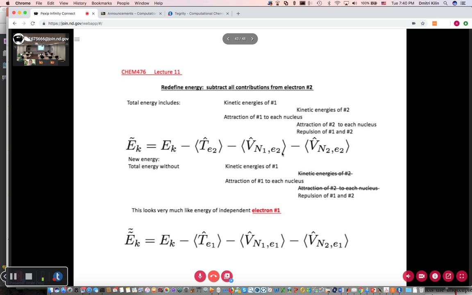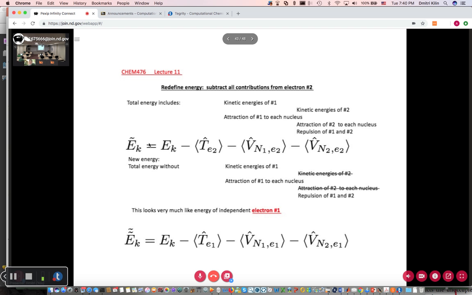The numbers that we need to subtract, the ones that converted from operator form into expectation values, are the kinetic energy of electron 2.